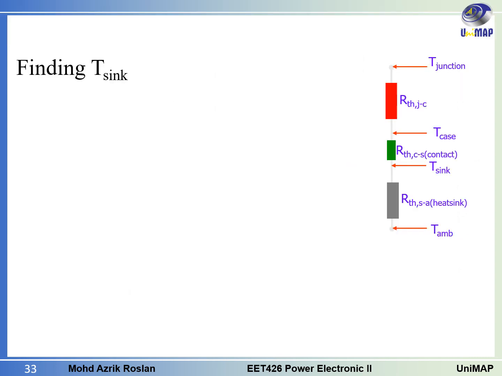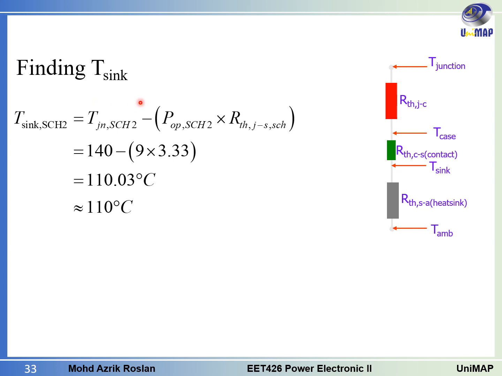Now the next step, we have to find the heatsink temperature. We already have the junction temperature, and from the curve we get the value of power dissipated, which is 9 watt, and then we have RTH junction to sink.